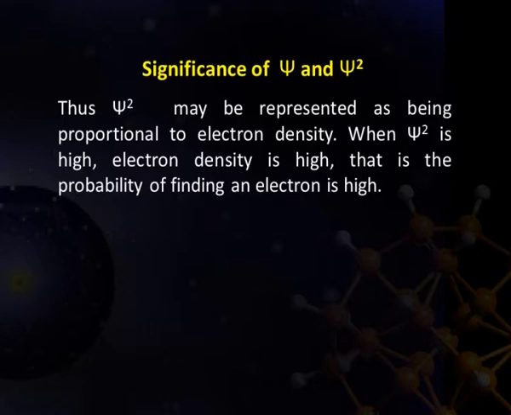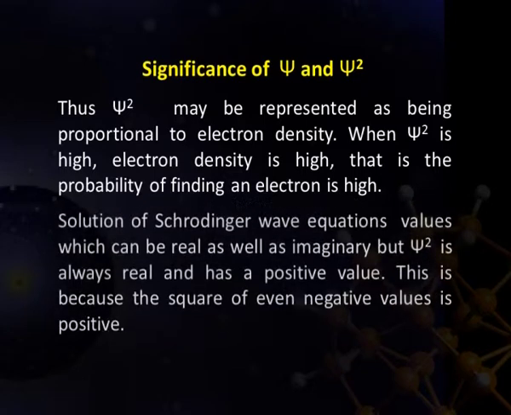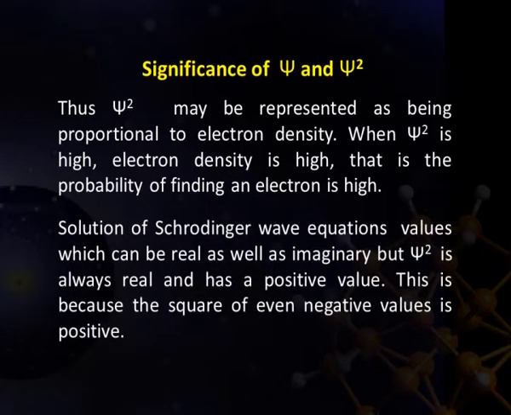When psi square is high, electron density is high, that is, probability of finding an electron is high. Solution of Schrödinger wave equation gives psi values which can be real as well as imaginary, but psi square is always real and has a positive value. This is because the square of even a negative value is positive.